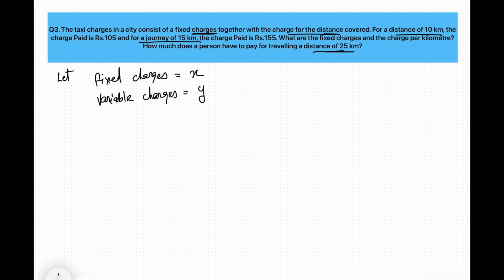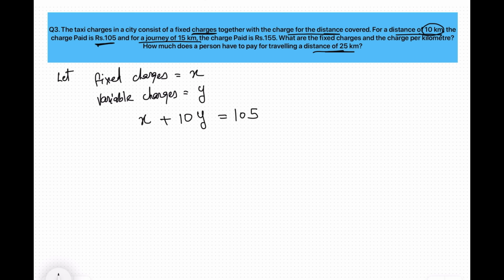So what is the equation for the first money paid? 105, right? For that, what can we write? The fixed charges, whatever they are, x, plus how much he has to pay for 10 kilometers. Variable charges depend on the distance, so 10y, and in total he paid 105, correct?